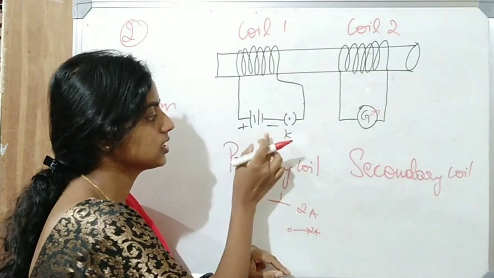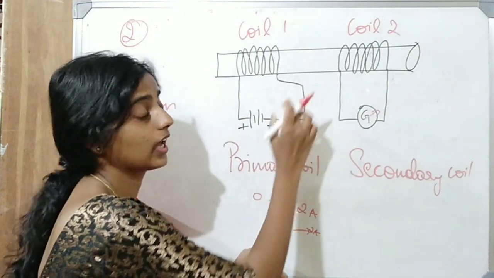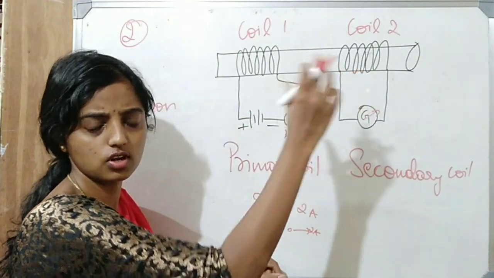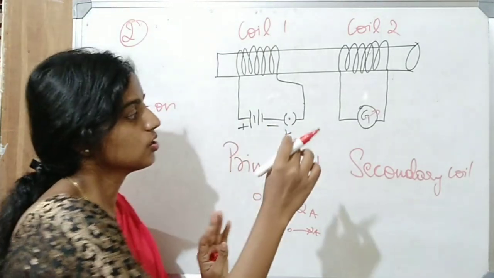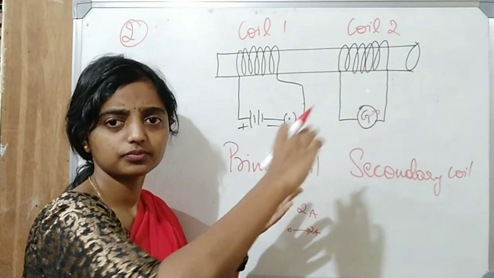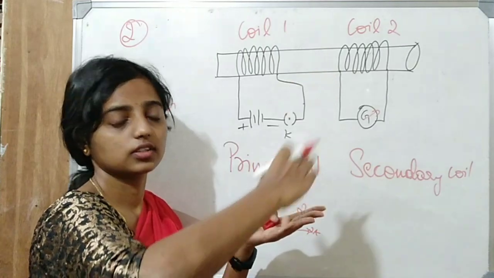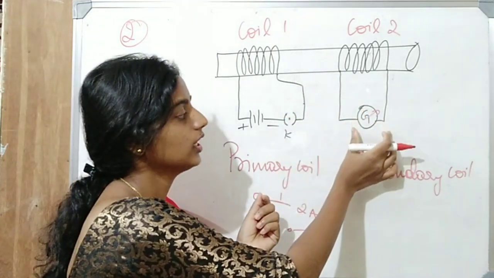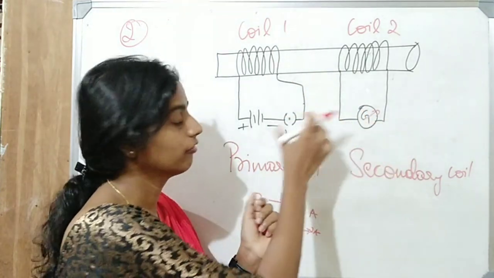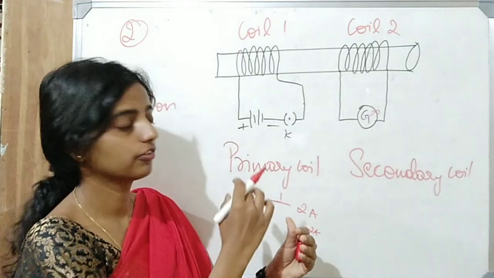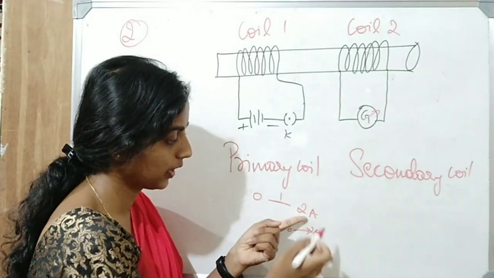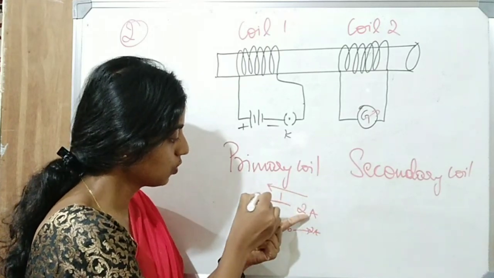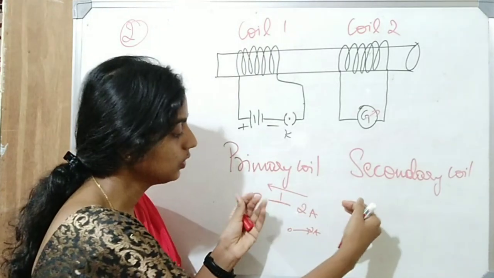So when we just switch on, the current rises to some particular value, according to that appliance. When it rises, there will be changes in the magnetic field and we got a deflection. When we switch off the current, here we have 2 ampere, right? It will decrease to 0 on switching off.